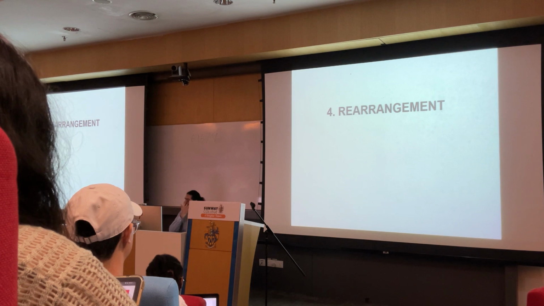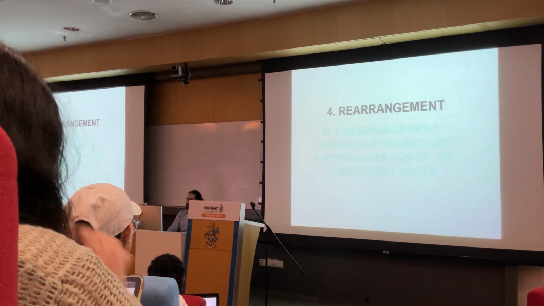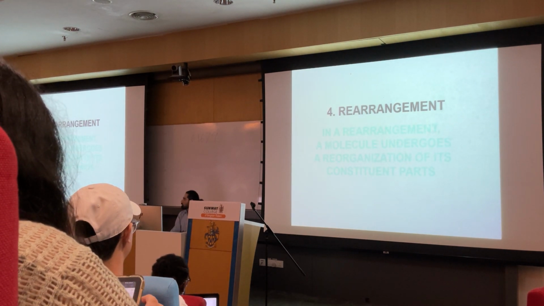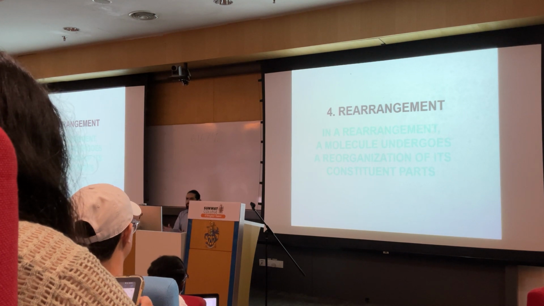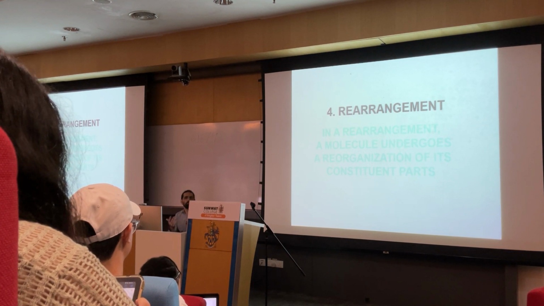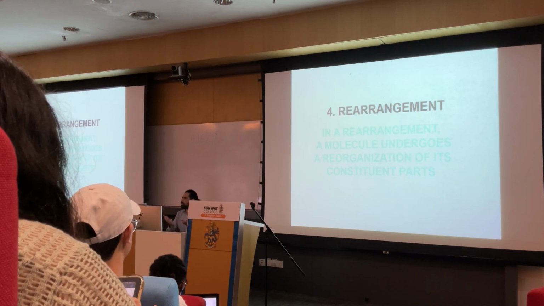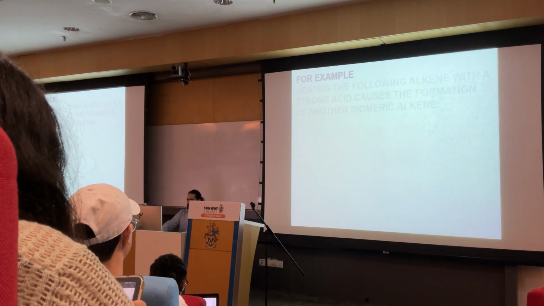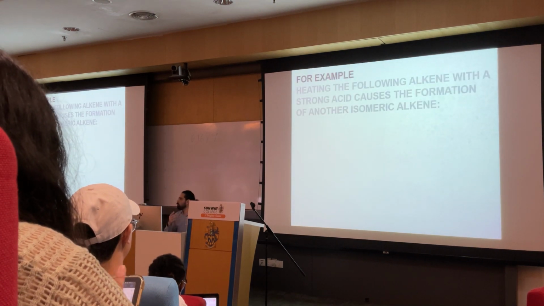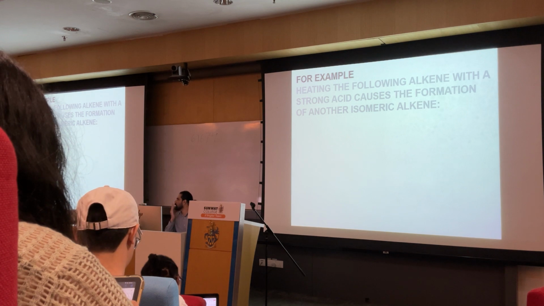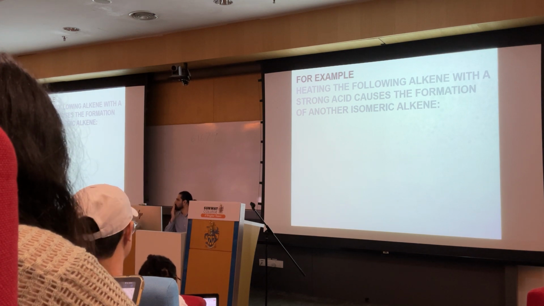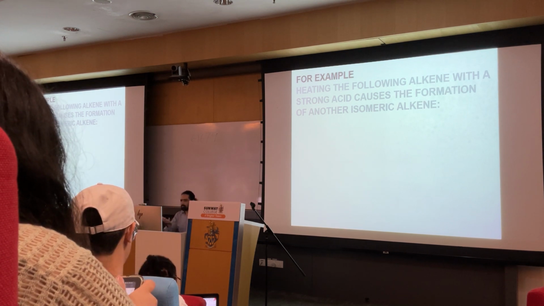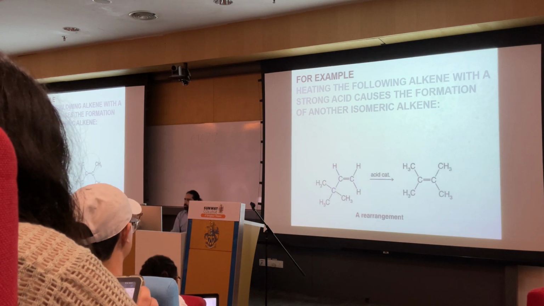Rearrangement reaction. Nothing breaks, nothing forms, just some groups change their positions in most rearrangement reactions. We will not see many examples of rearrangement reactions in our course, but here is one if you want to see.